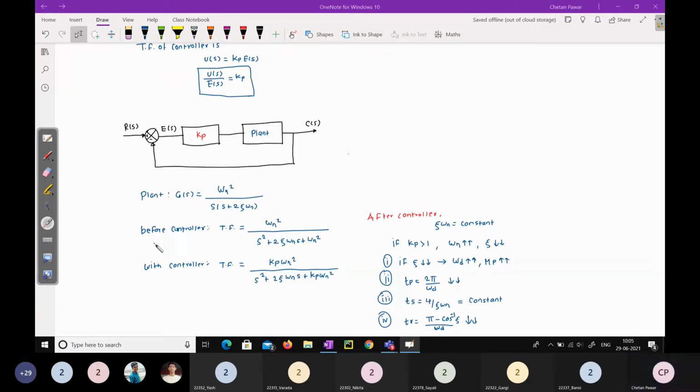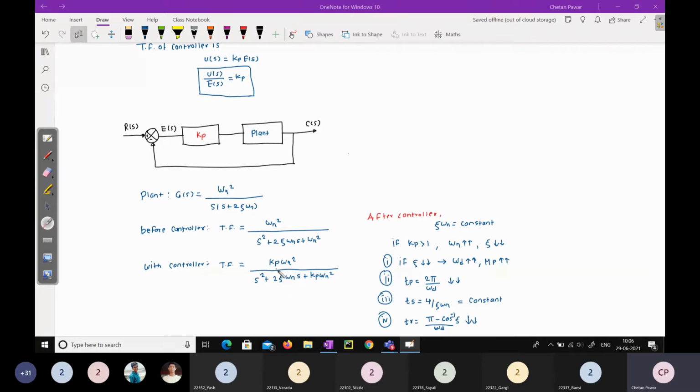Before inclusion of the controller, the transfer function of the system is this, a standard second order transfer function. Now when we add this proportional controller in the control system, the closed loop transfer function will be kp into omega n square upon s square plus 2 zeta omega n into s plus kp into omega n square.